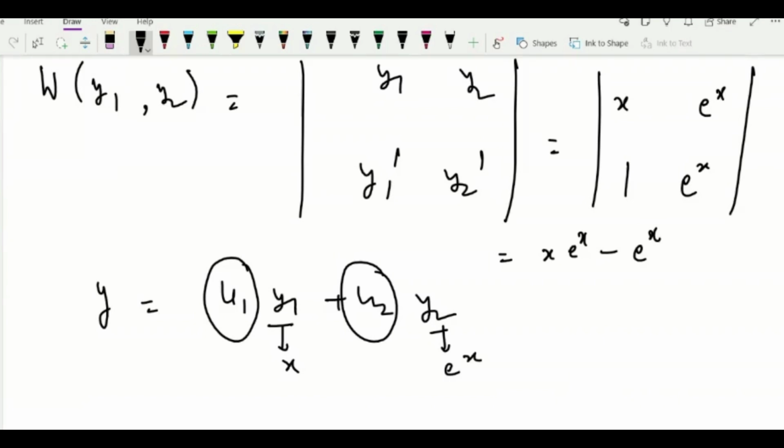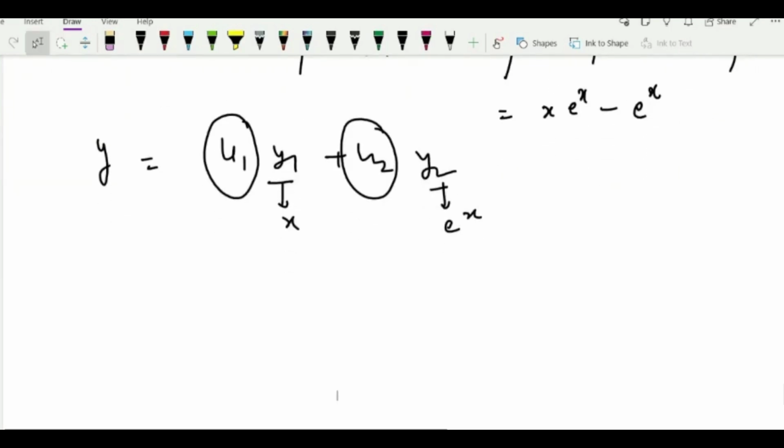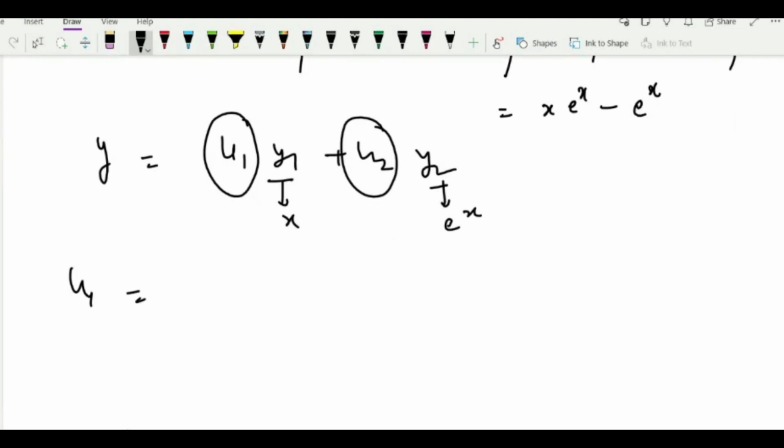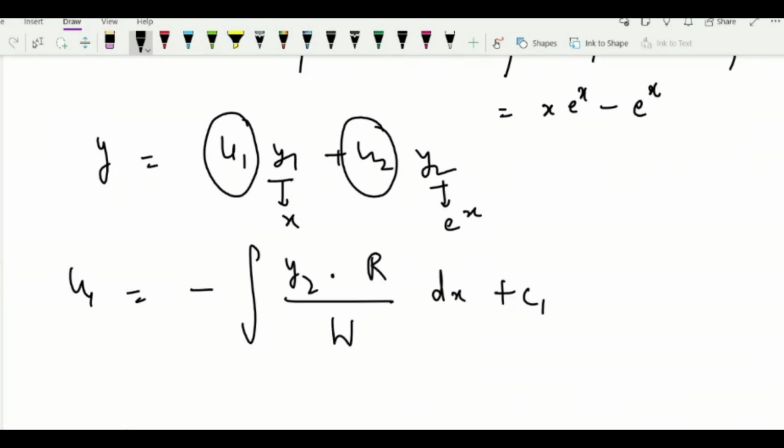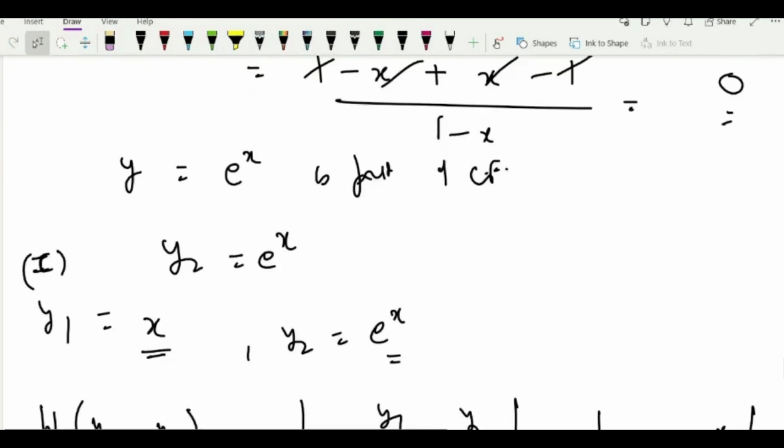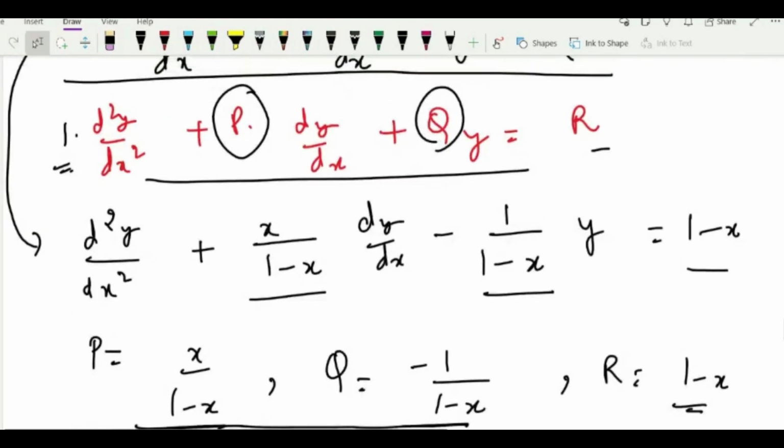So we have the formula to find u1 and u2 here. For finding u1, it is minus integration of y2 into r upon Wronskian into dx plus c1, where y2 is e raised to power x. We can see r is equal to 1 minus x.